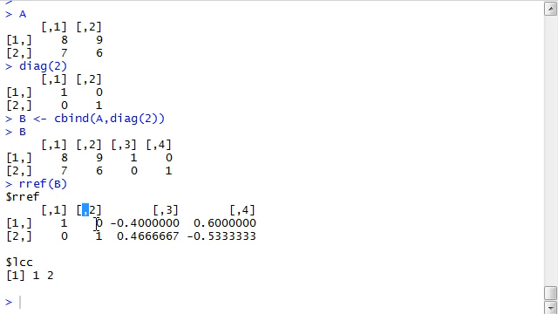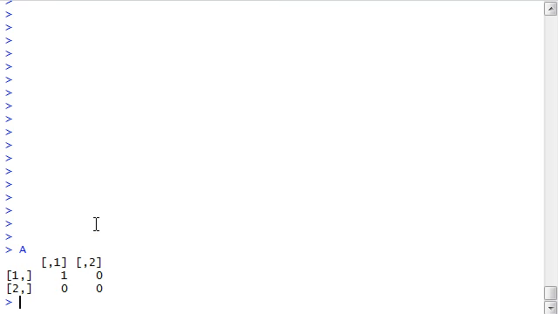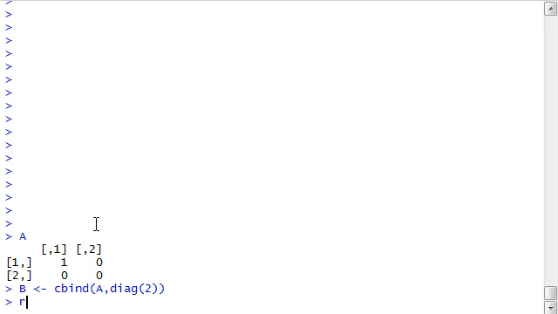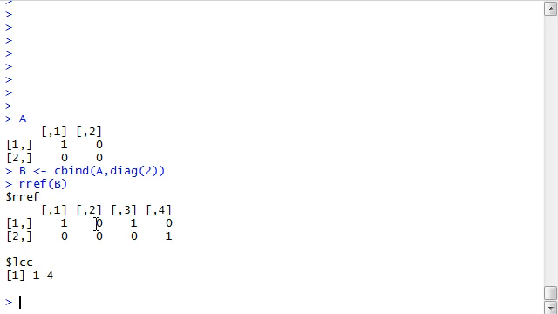For example, here's a matrix A. I create my B matrix like this. I do my reduced row echelon form of B, and I see that the left-hand side here is not the identity matrix.